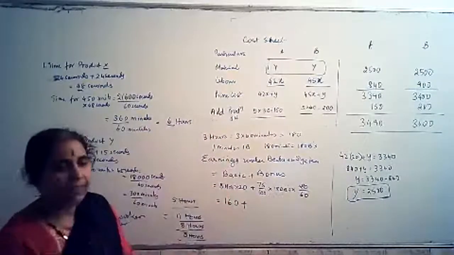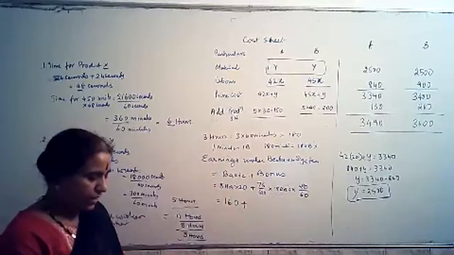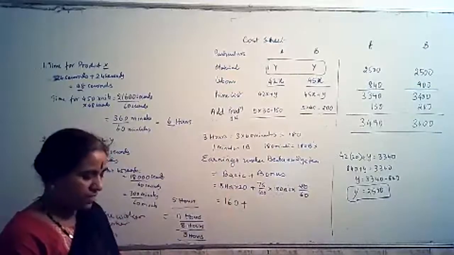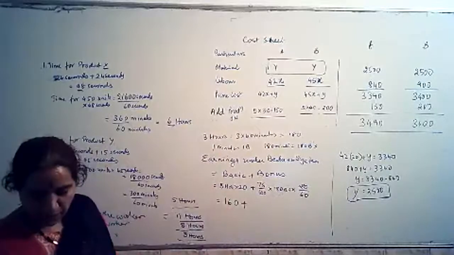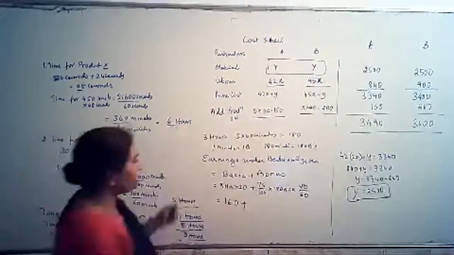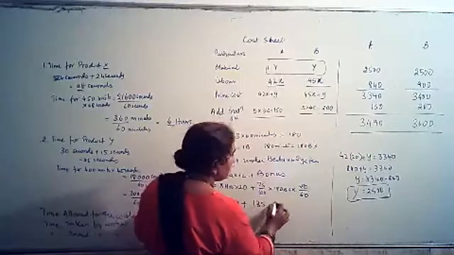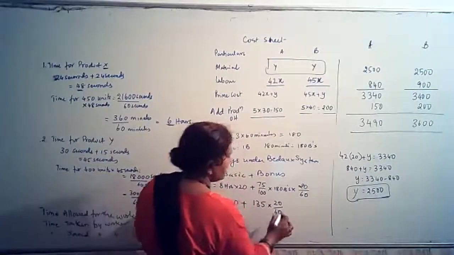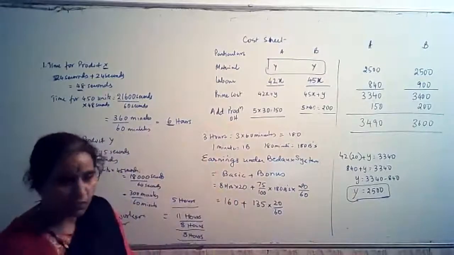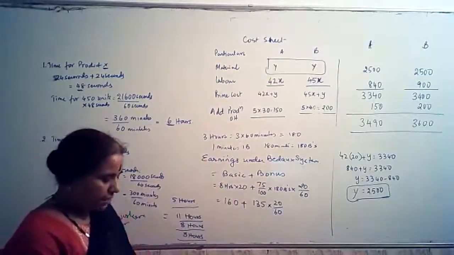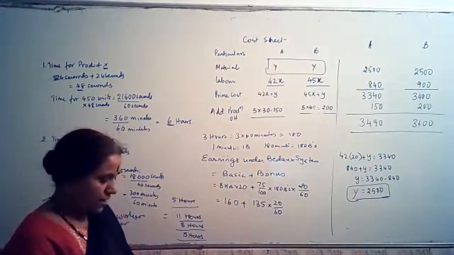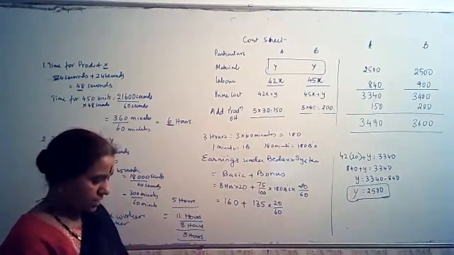Let's find out how much 180 into 75% is. It is 135. So 135 multiplied by 20 divided by 60.